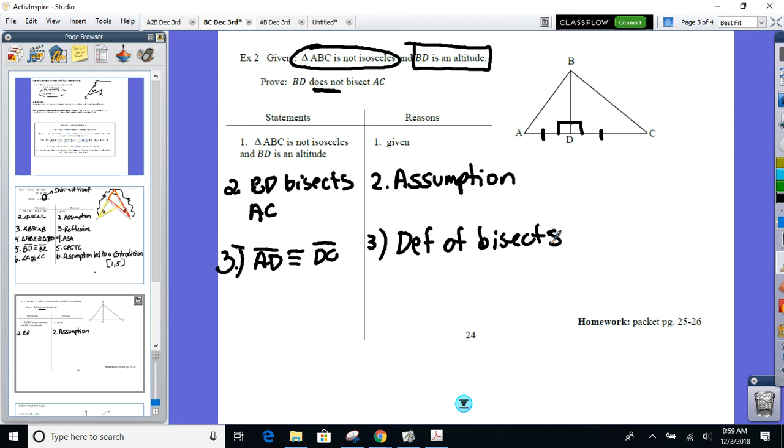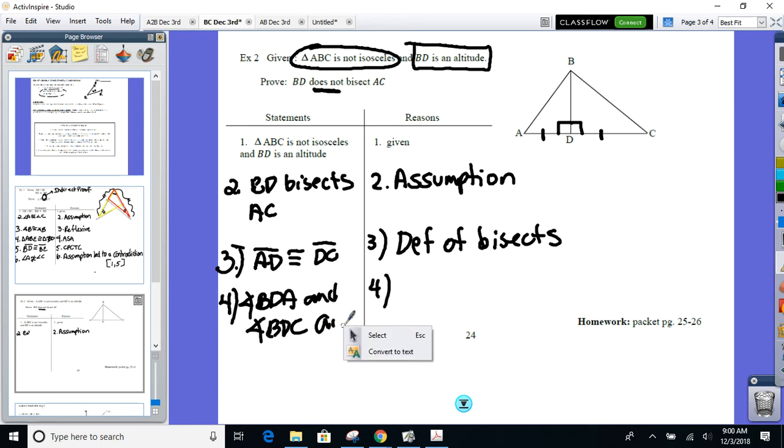Okay. You can go right to saying they're right angles, but not because perpendicular lines form right angles. This is going to have a different reason for it. So angle BDA and angle, what do I have there? BDC. Okay, you can't tell me perpendicular lines form right angles because I didn't have perpendicular lines. What did I have instead, though? I had an altitude, so you could say definition of an altitude.